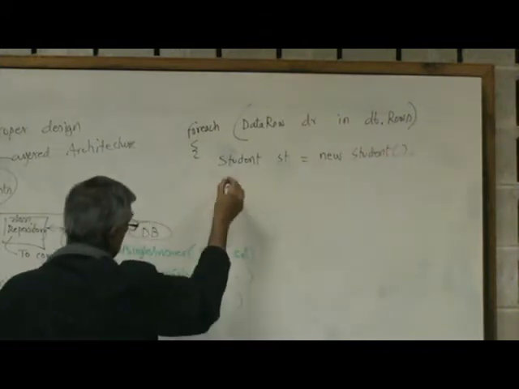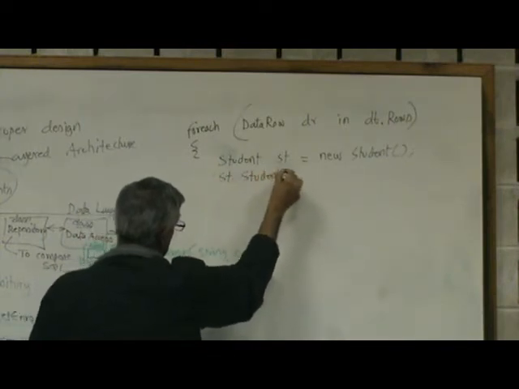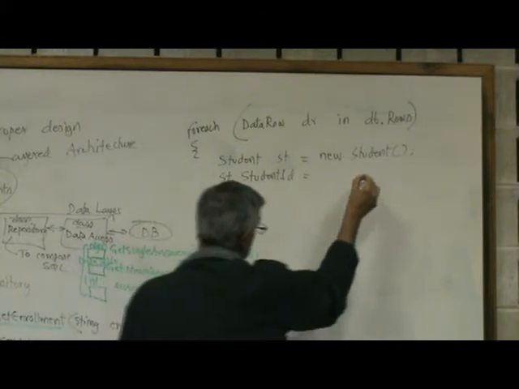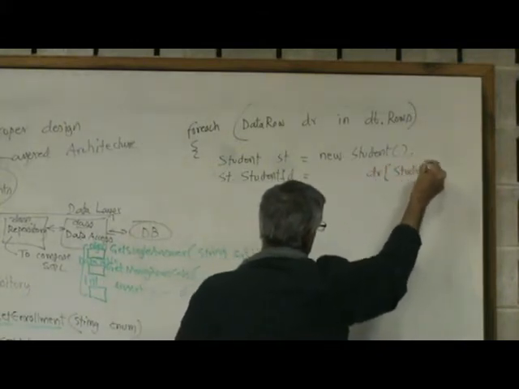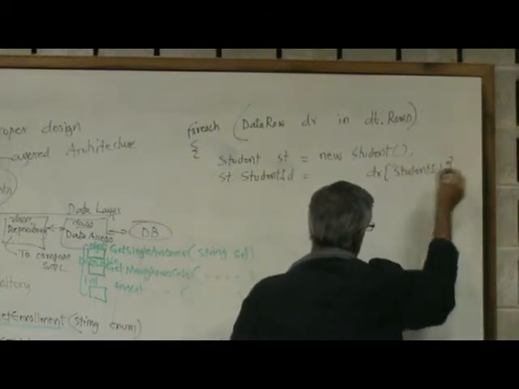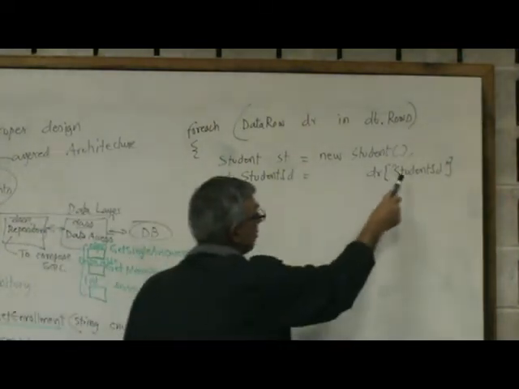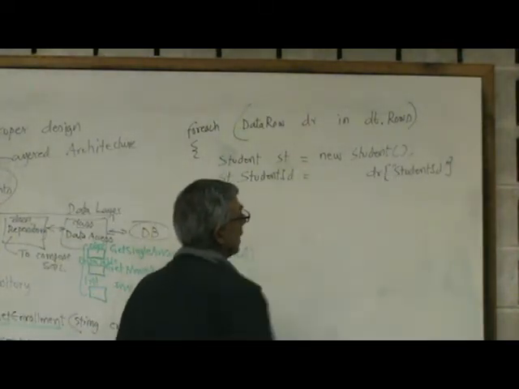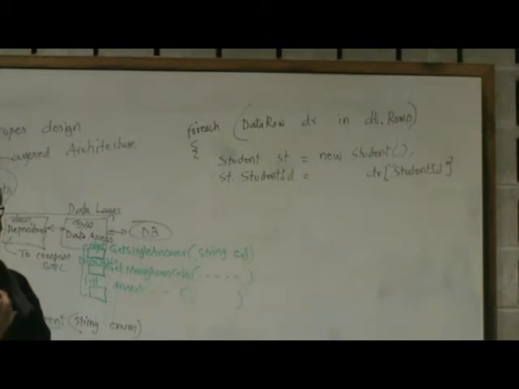Okay, then we can say st dot student ID equal to dr of student ID. Okay, so this is the indexer provided on the data row. So anytime we try to read the column from the database, it's given to us as an object.